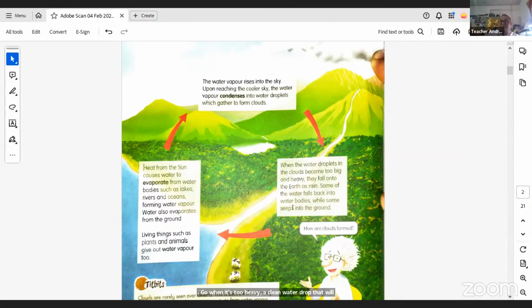This is a natural filtering process, whereby the water goes from dirty to clean. Same theory: I have a glass of red colored water, red from marker ink. We know that we cannot drink marker ink, but nature has its own way of giving us clean water. The red marker ink water evaporates, the water becomes clean in the cloud, and rain comes down and gives us clean water to drink. So that's how the water cycle works.